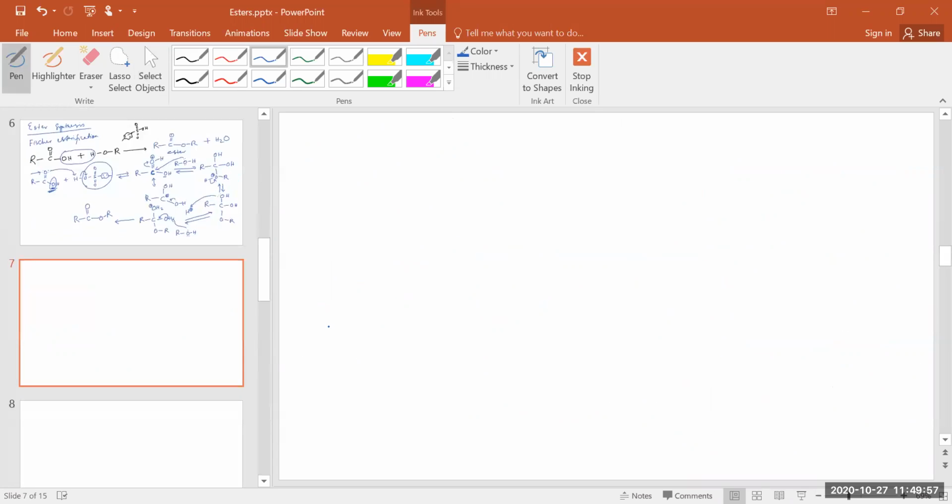Another reaction we discussed in the last class: if you take an acid like benzoic acid, because it's an acid, it reacts with bases very quickly. Let's say the base is sodium hydroxide.